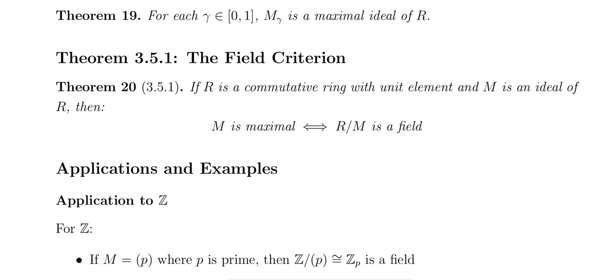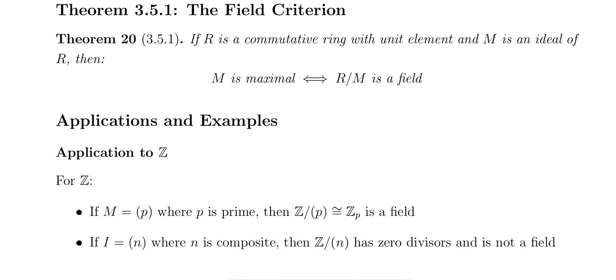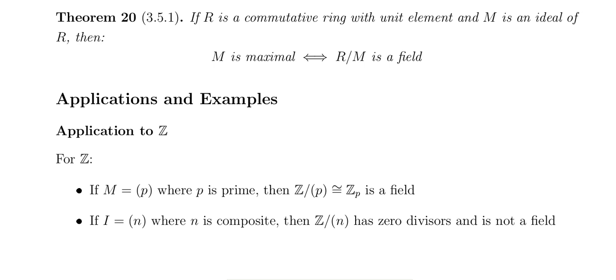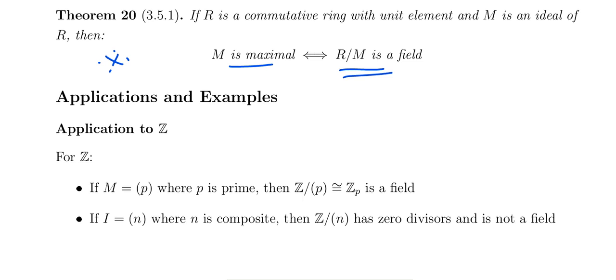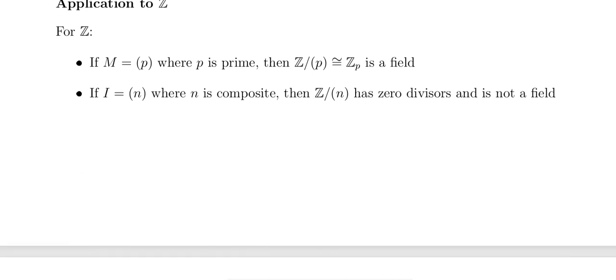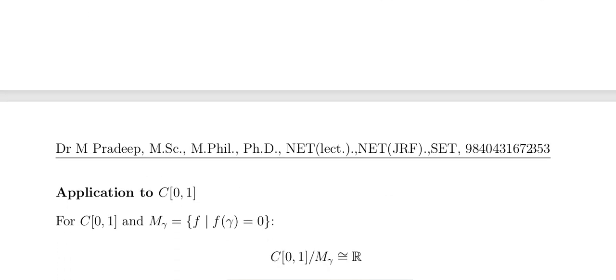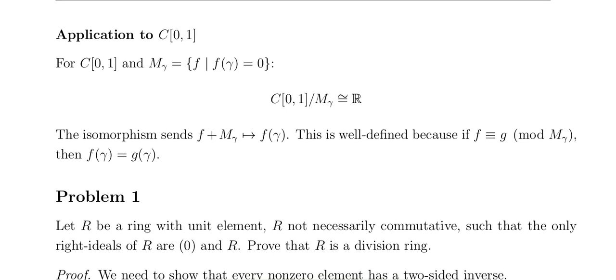R is a commutative ring with unit element and M is an ideal of R. Then M is a maximal ideal if and only if R by M is a field. We already discussed this, I think. Once again the same structure.